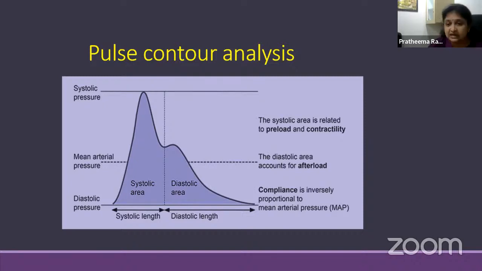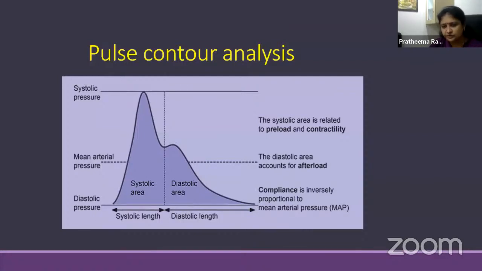How efficiently the heart can contract is decided by the systolic area. The diastolic area accounts for the afterload, and we can calculate that. There is also a mean arterial pressure, calculated from the systolic and diastolic pressure, and that is inversely proportional to the compliance. Compliance means, if you give volume, how much the pressure is going to increase.